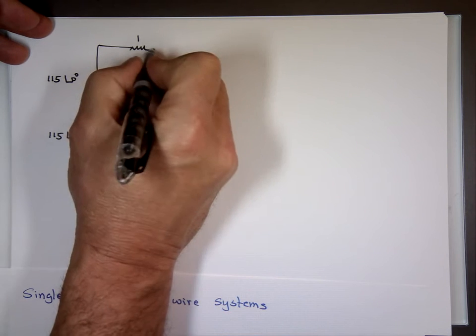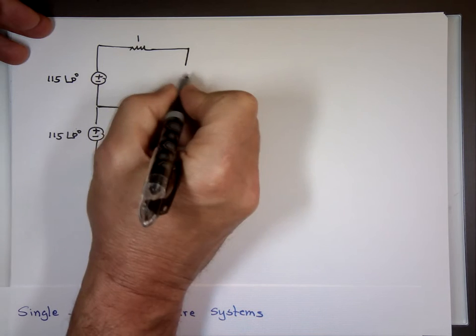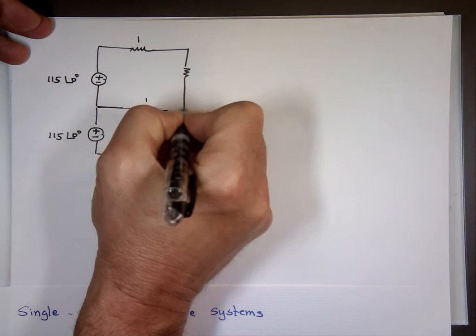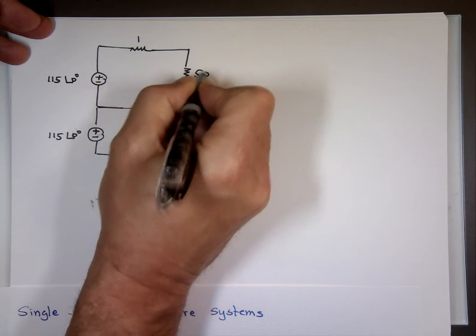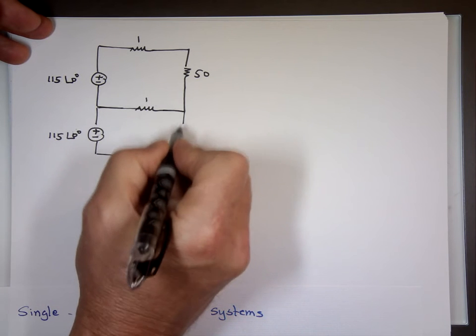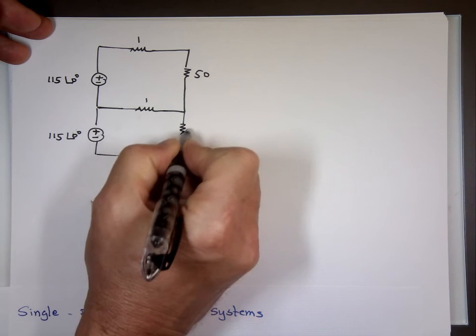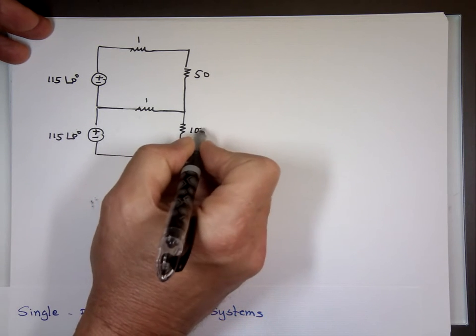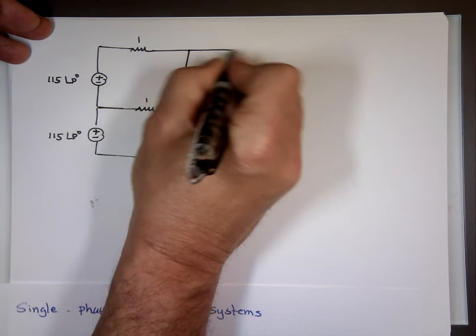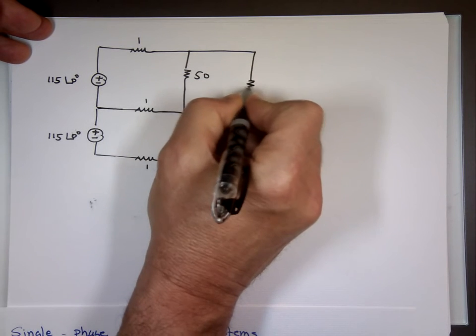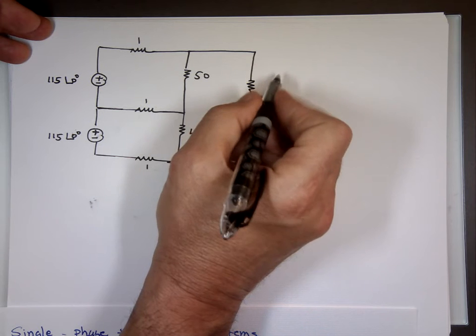And now we have a load here, 50 ohm. We have 100 ohm here. And we have one at the end of 20 plus j10.